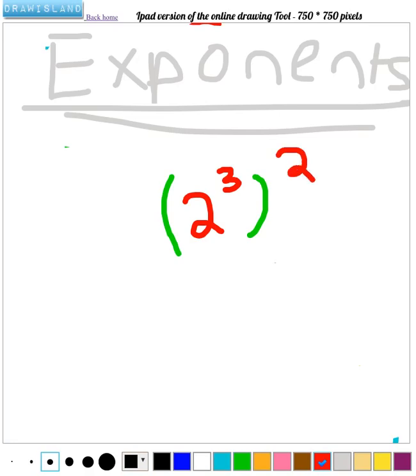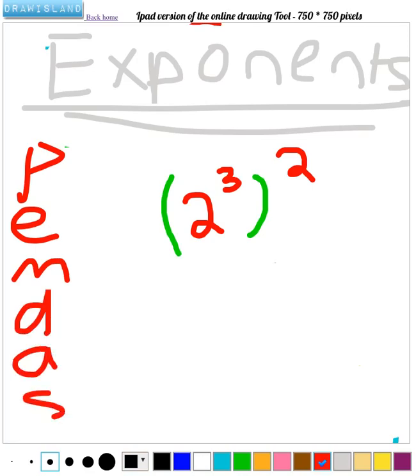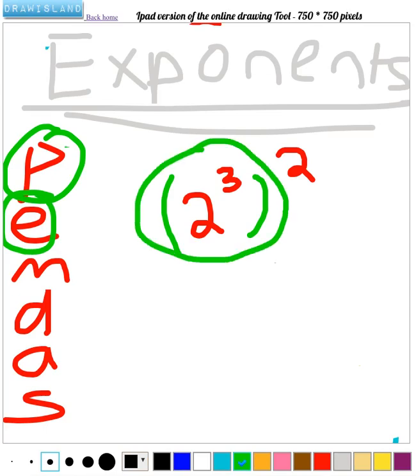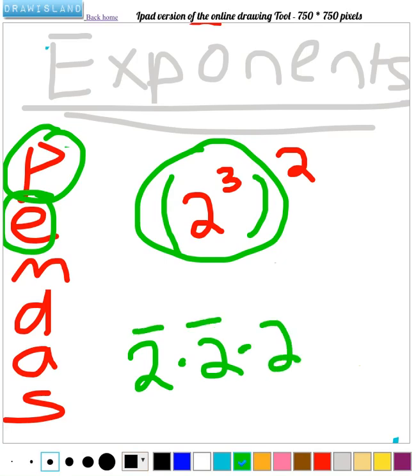As PEMDAS says, do parentheses before you do exponents. But inside the parentheses is an exponent, so do the exponent. This is 2 to the power of 3, so 2 times itself 3 times. 1, 2, 3. 2 times 2 is 4, and 4 times 2 is 8.